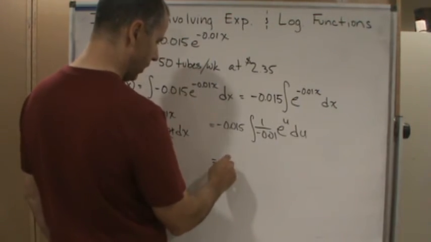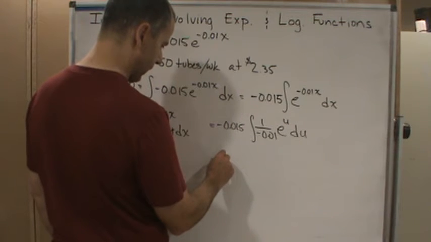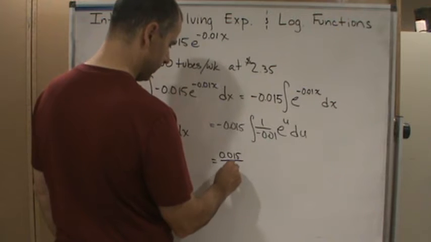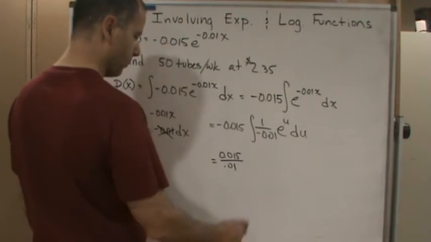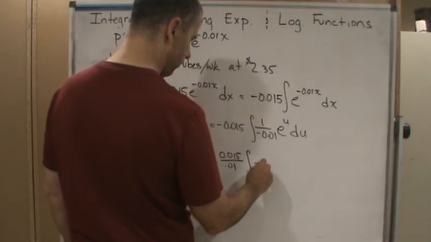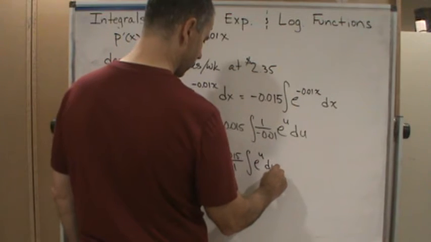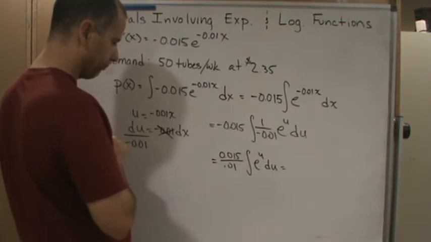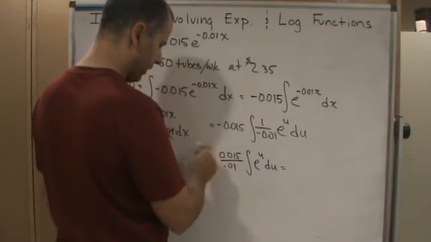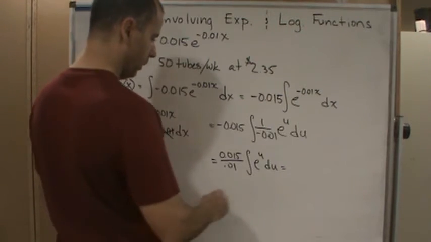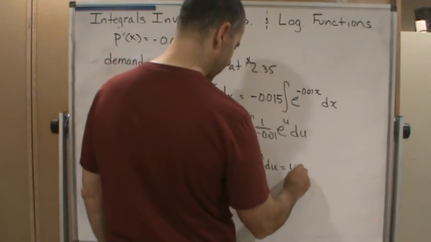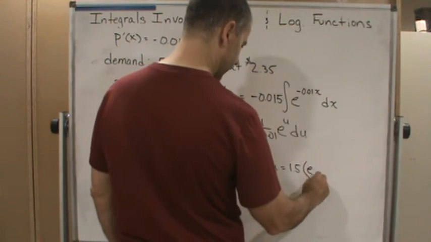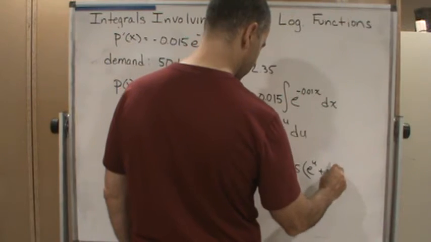Negative divided by negative is positive, so I get 0.015 divided by 0.01 times the integral of e to the u du. This here is just going to give me 1.5. So this is going to be 1.5 times e to the u plus c.